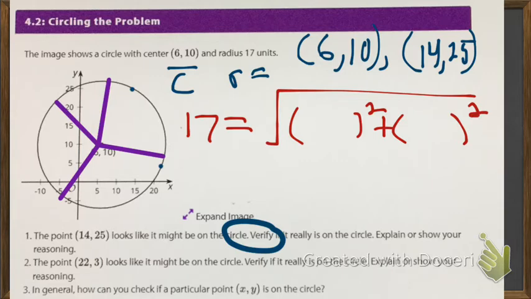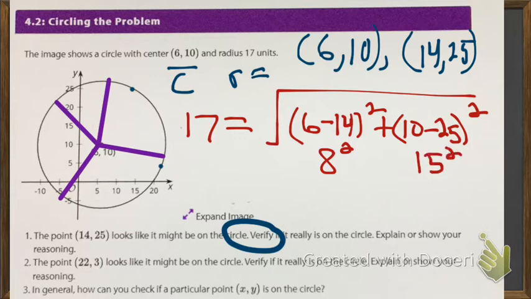I'm doing the difference of the x's, 6 minus 14, which is negative 8, but it really doesn't matter because it's going to be squared anyway. Then 10 minus 25, and same thing. It's not going to matter because we're looking at the distance, so it's always a positive number. So this difference, 25 minus 10, is 15, and that's going to be squared.